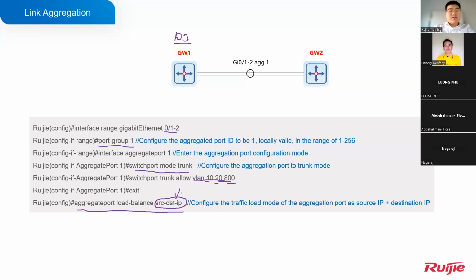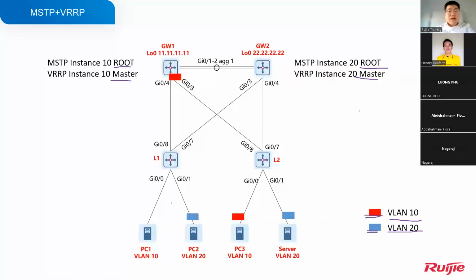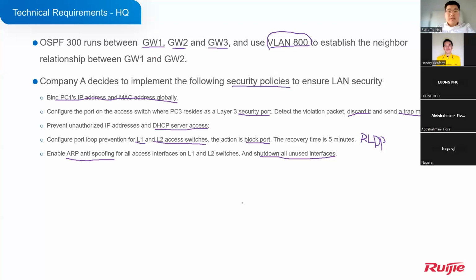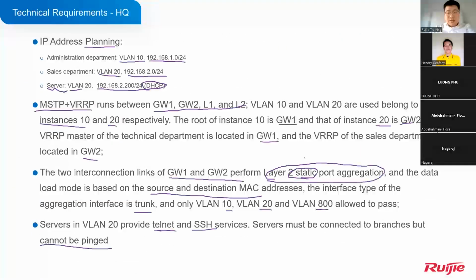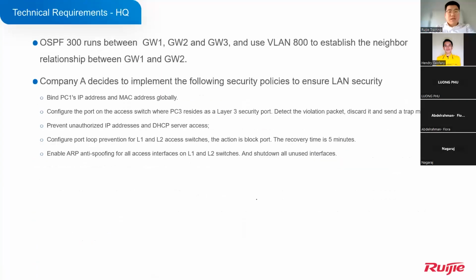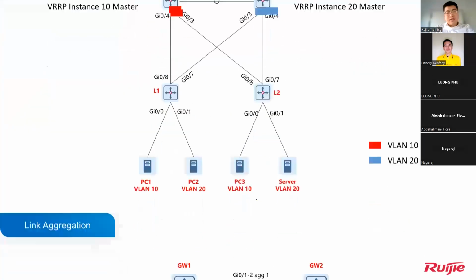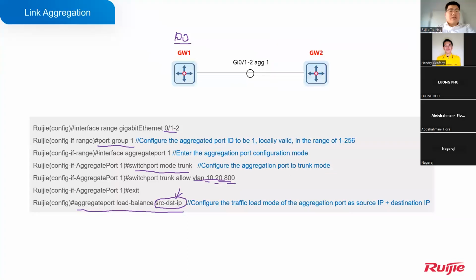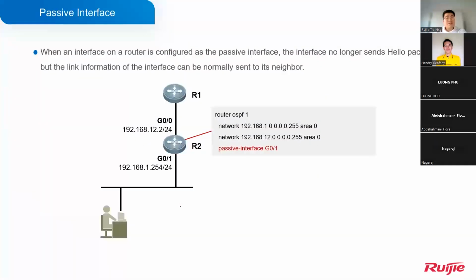Here, the requirement is source and destination IP, but in our lab, you can see it is source and destination MAC. So the command would be src-dst-mac. So when you do a configuration, pay attention to the requirements.